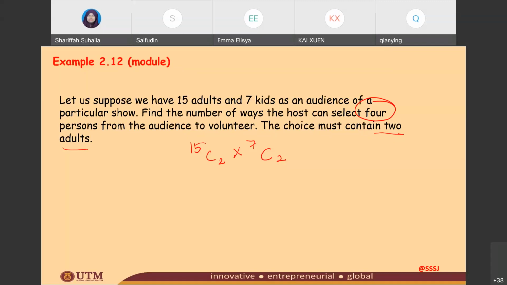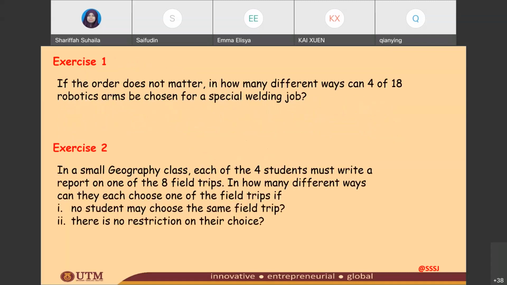Okay, this one. So I give you extra exercise. So the first one: if the order does not matter, in how many different ways can 4 of 18 robotic arms be chosen for a special welding job? Jadi dia dah cakap kat sini, if the order does not matter.